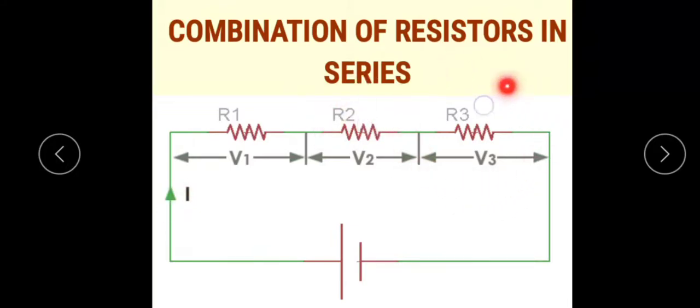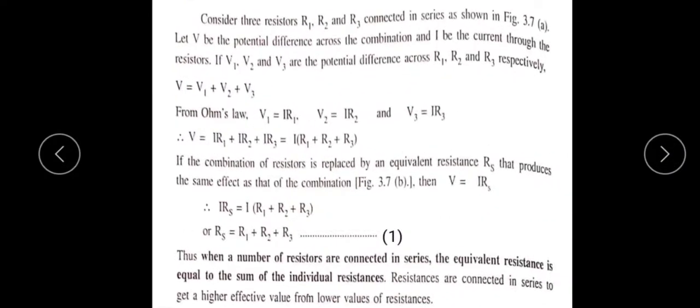For the third resistor, V3 is equal to I into R3.